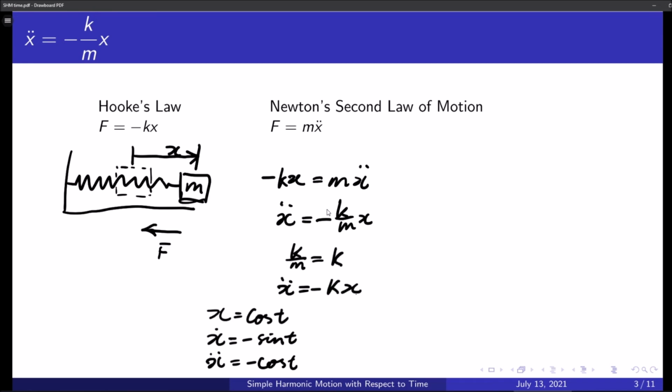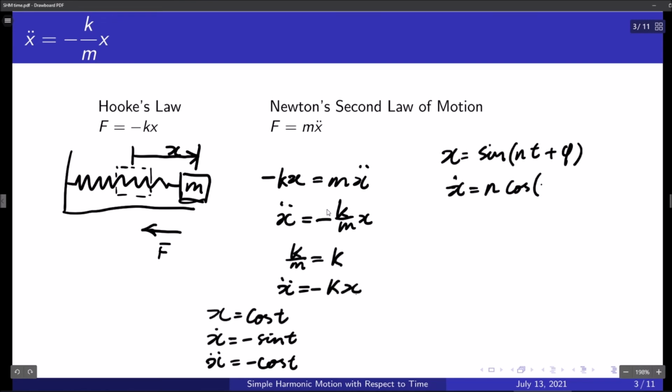So if x equals sine nt plus phi, whatever the value here is, then x dot would be equal to negative cosine nt plus phi, and of course x double dot will be negative n squared sine nt plus phi.